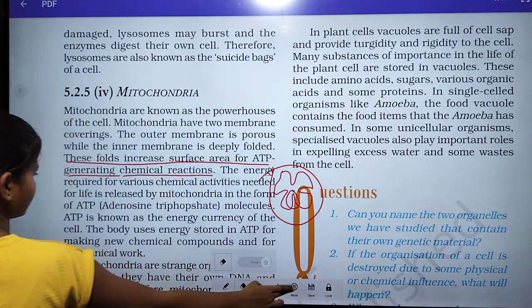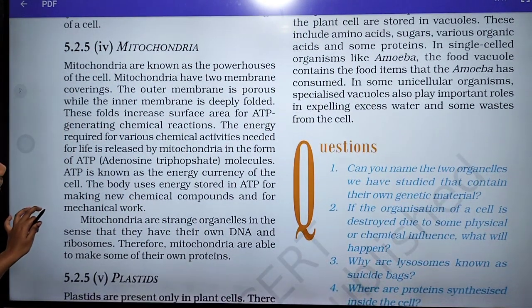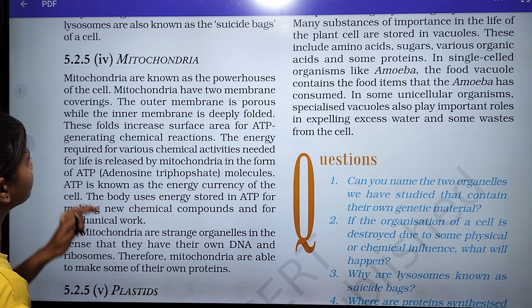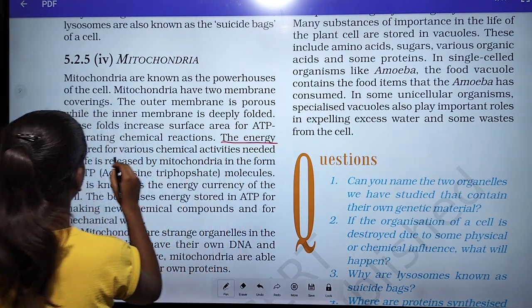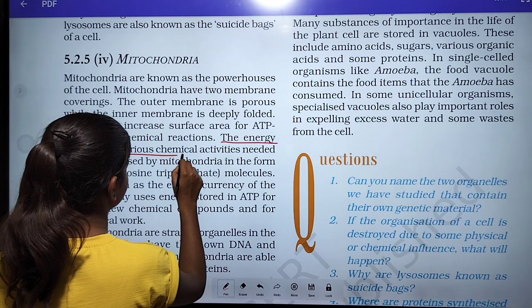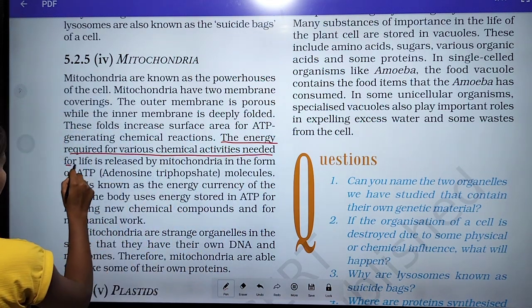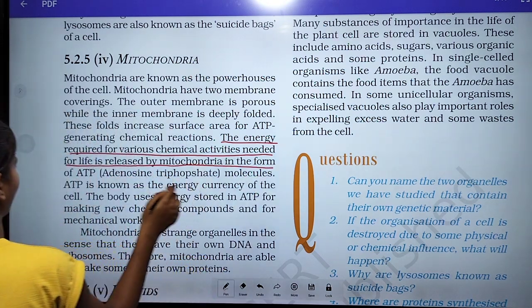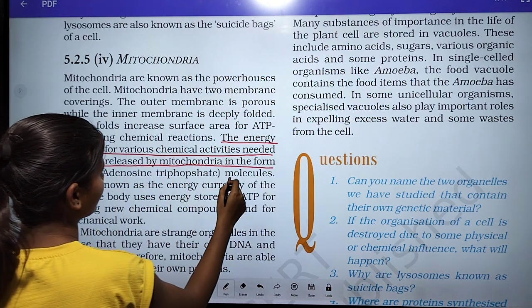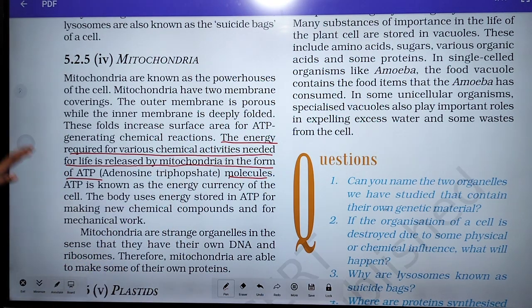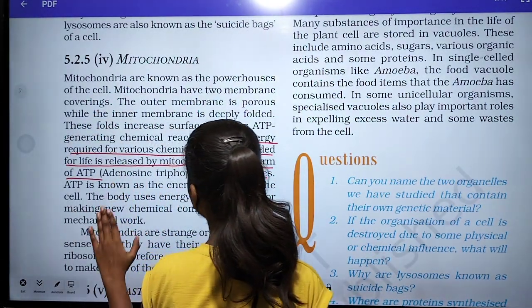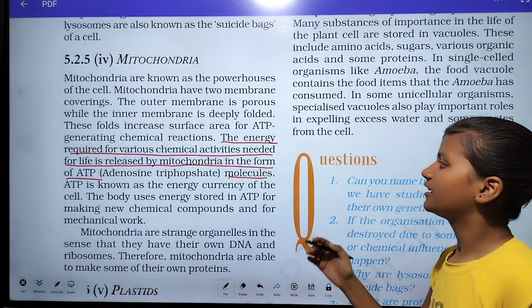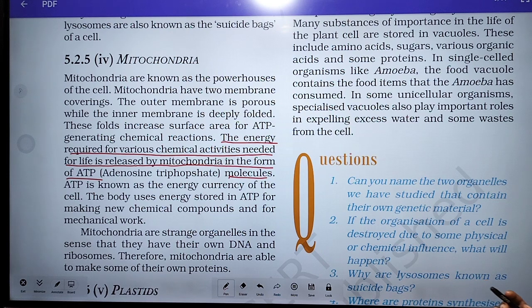And next, the energy required for various chemical activities needed for life is released by mitochondria in the form of ATP molecules. The energy required for various chemical activity needed for life is released by mitochondria in the form of what?